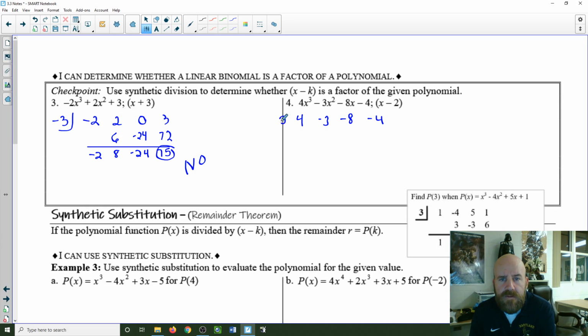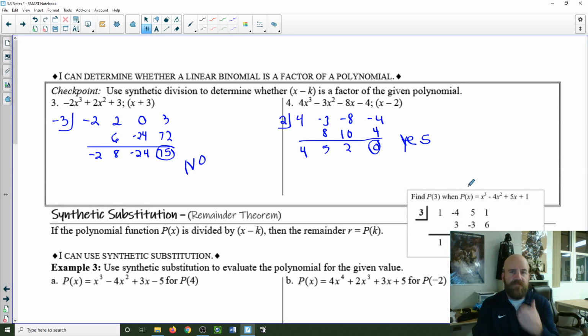I forgot to write the 2. So we go 2 into 4, negative 3, negative 8, and negative 4. So we get 0 as a remainder, so it is a factor. Okay.